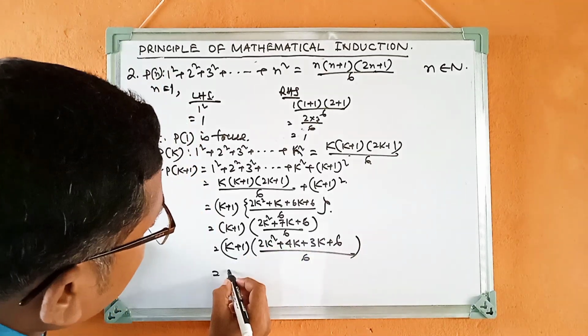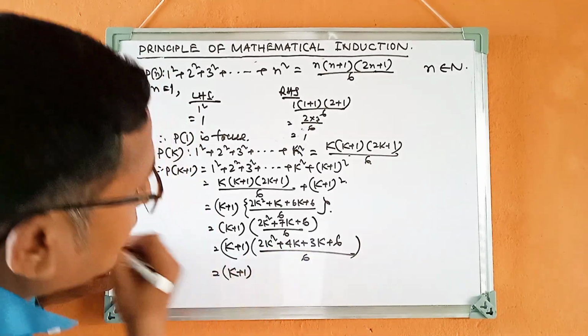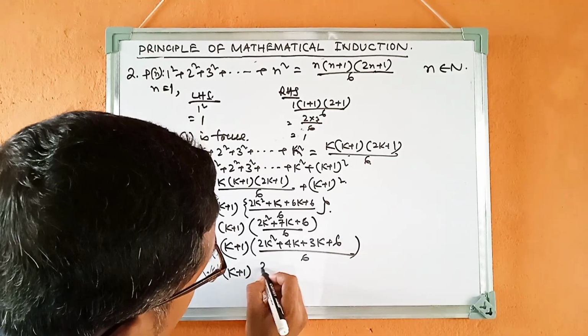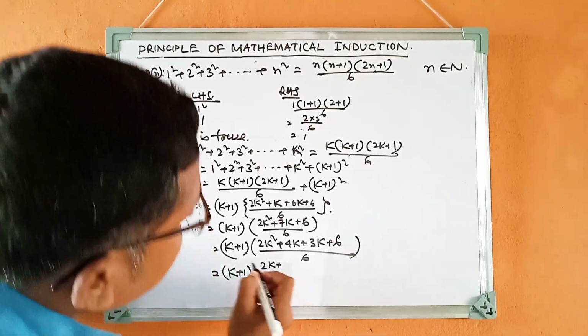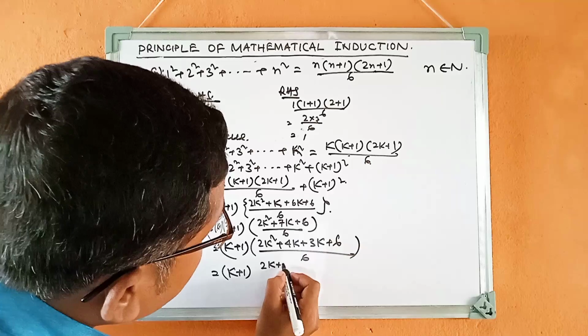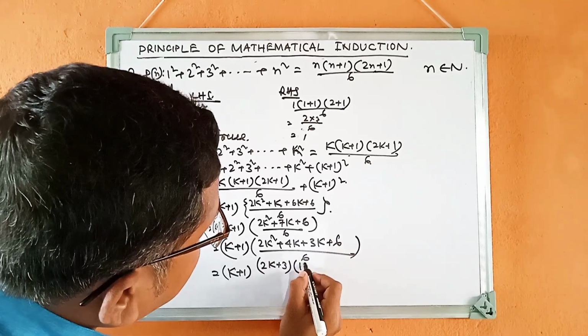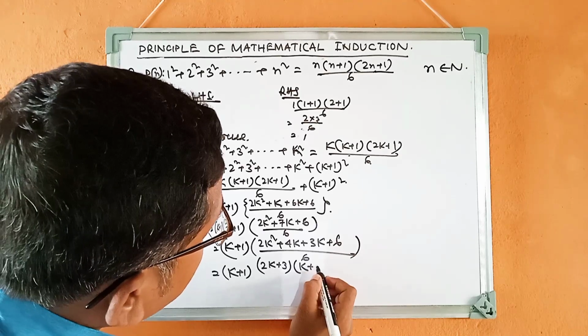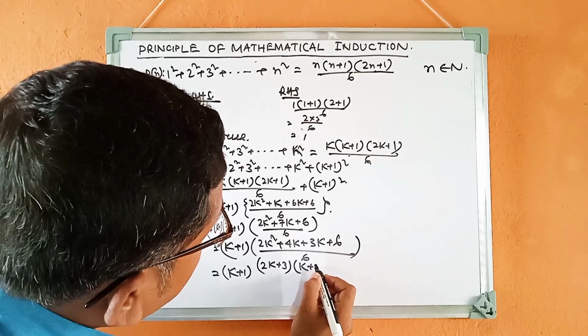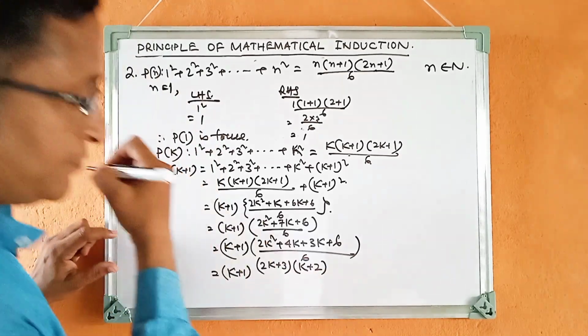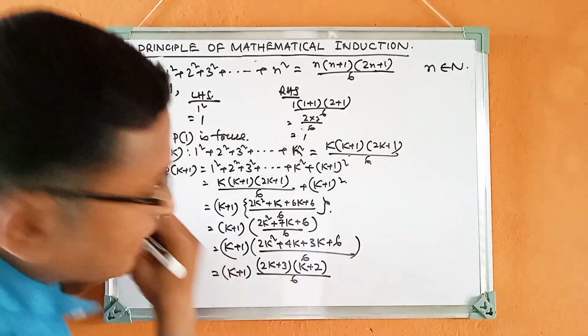Clear? So finally we get k plus 1 into 2k plus 3, and here is k plus 2, whole divided by 6.